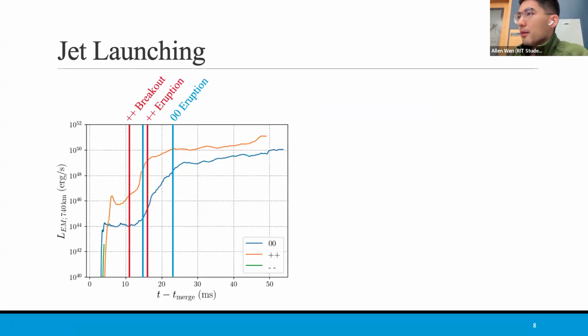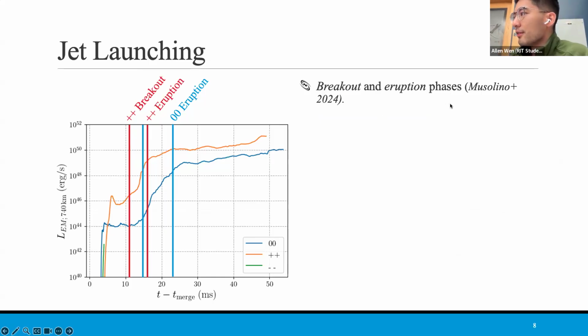Let's move on and talk about jet launching. So we observe similar phenomenology as they derived in Carlo Mussolino's paper, where there are two distinct transition points in the evolution of the Poynting flux luminosity.